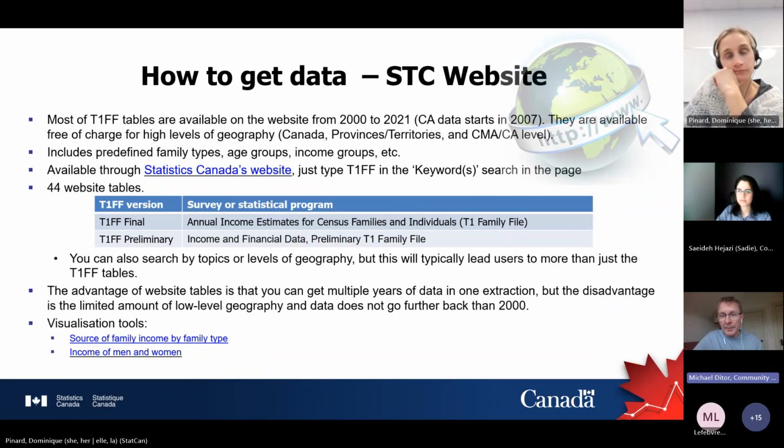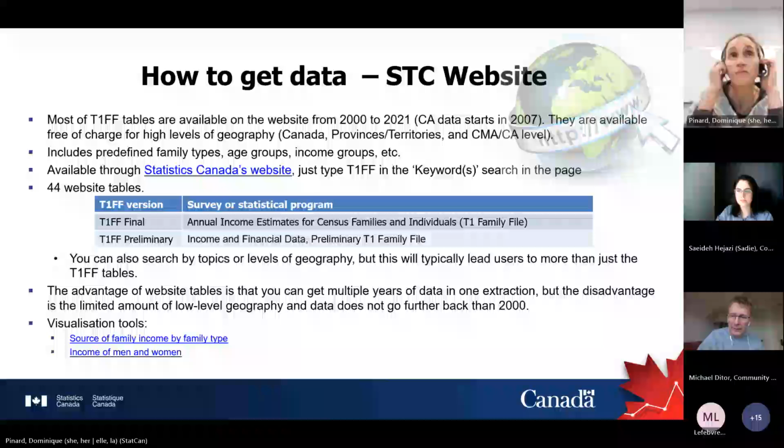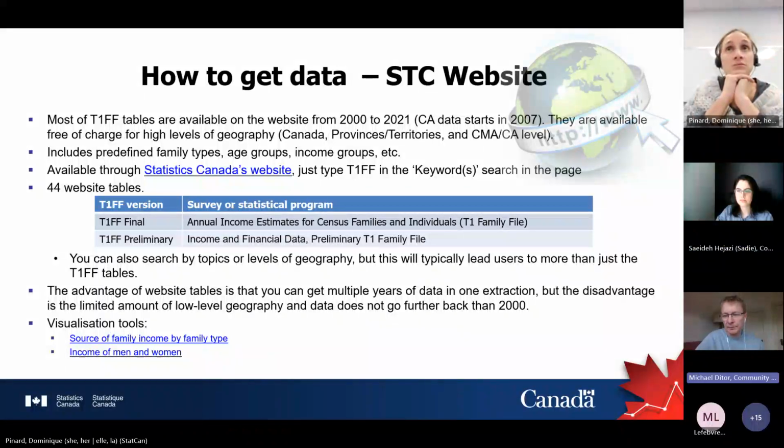So I think it's how to navigate our catalog. Hopefully people that are here are familiar with it, and we have other resources to help people with that, or you can just contact me directly if you have any issues finding the data. But yeah, it's all there.